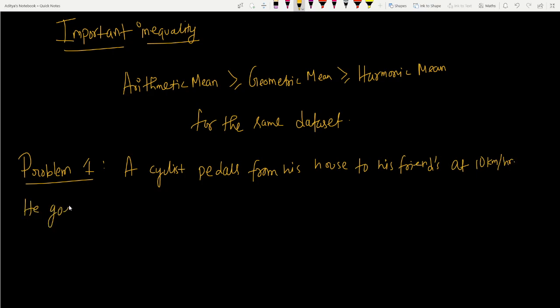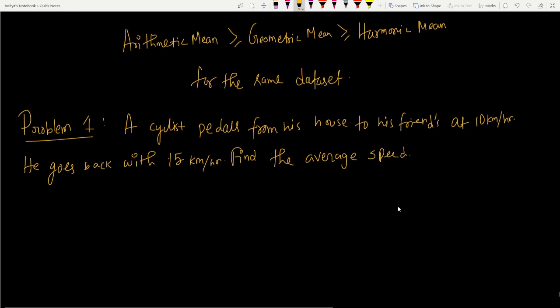He goes back with 15 km per hour. Find the average speed. We are going to find the average speed.